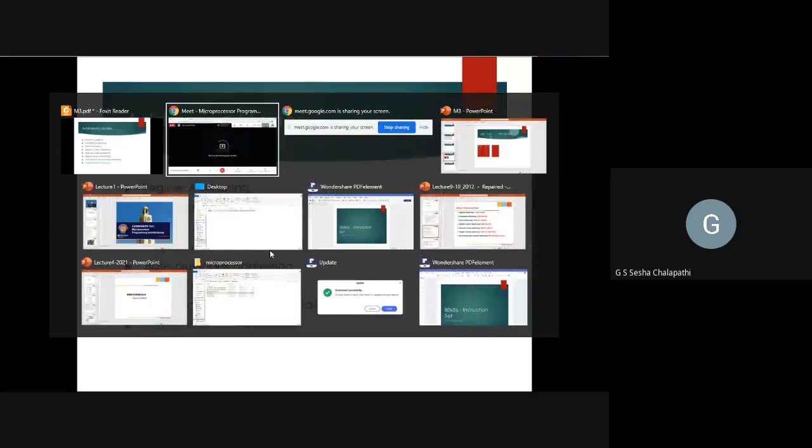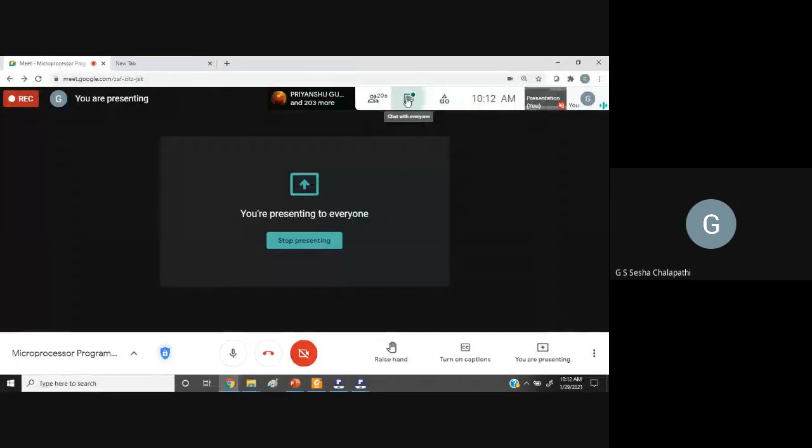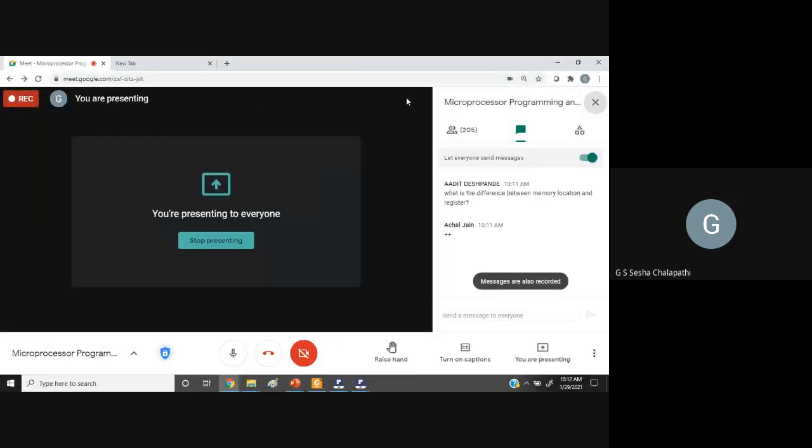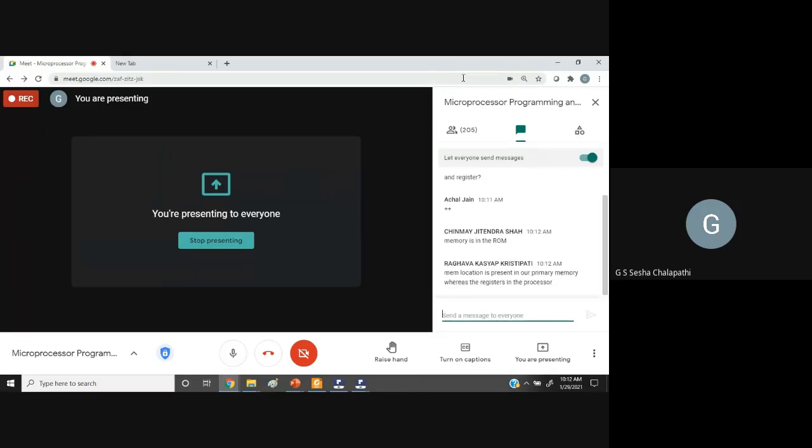There's a query: what is the difference between a memory location and a register? A register is part of your execution unit, which is present inside the microprocessor itself. Whereas memory can be ROM or RAM or any other memory device, or a flash device.